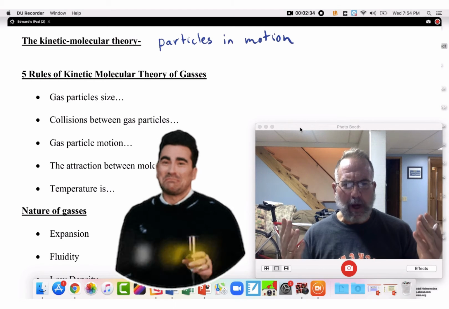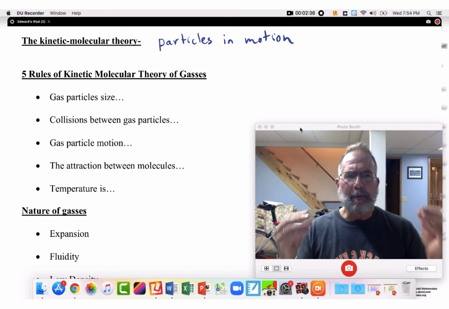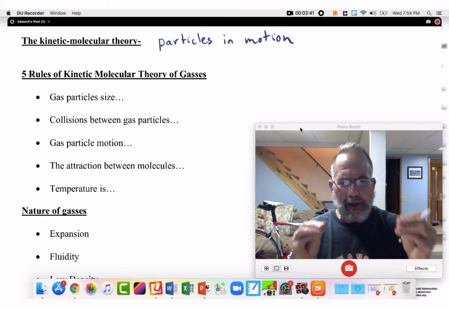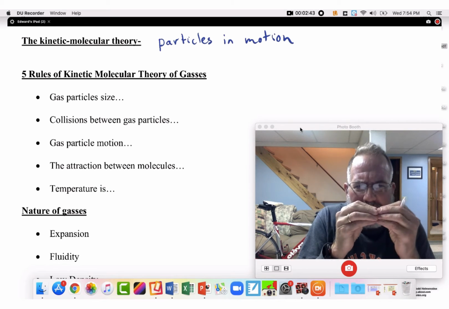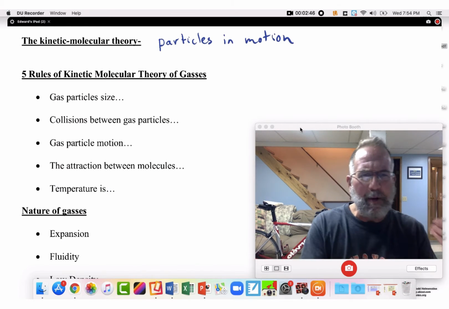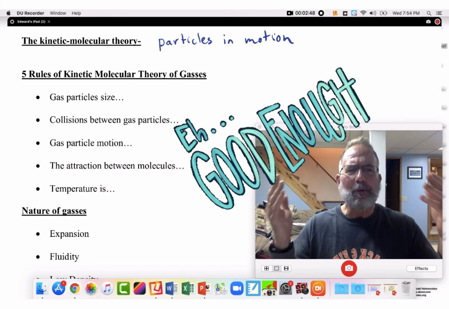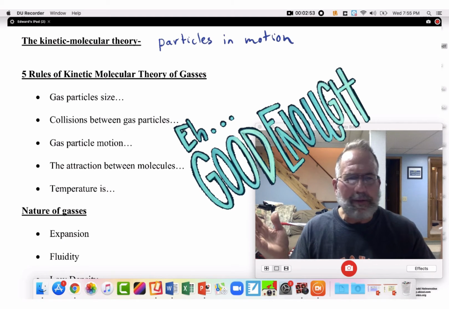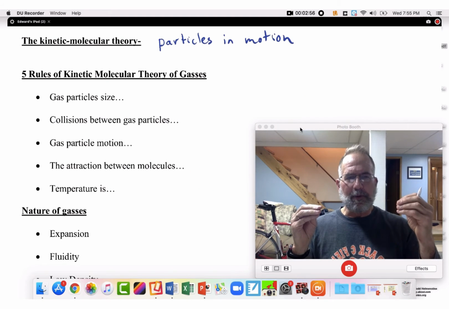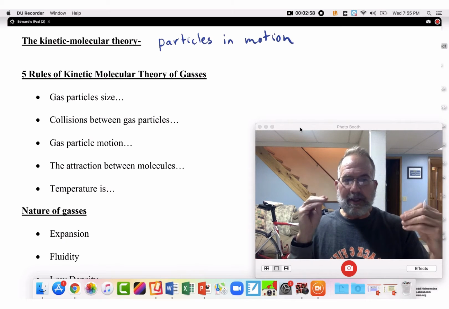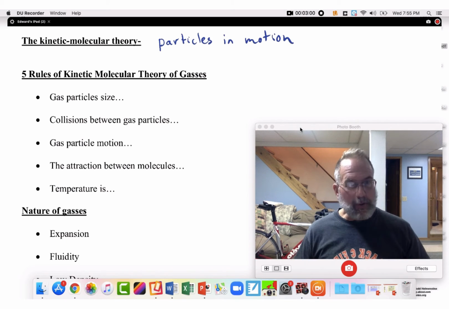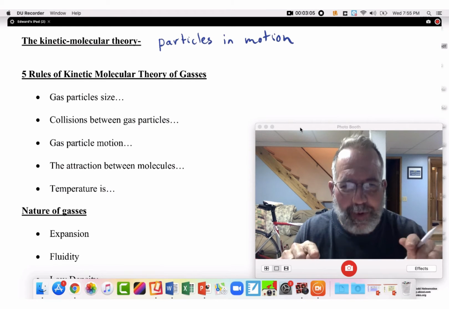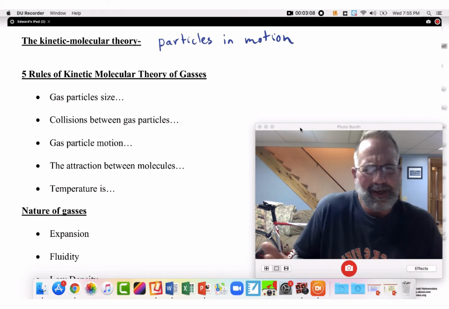What we're trying to do is simplify, because if we had to take into account every teeny little thing about a gas particle, its size, how fast it's moving, how much it weighs, it would get much too complicated. So we're going to keep it simple. By keeping it simple and making some generalizations, we get very close to the truth, which is doable, calculatable, and also fun, because calculations are fun.